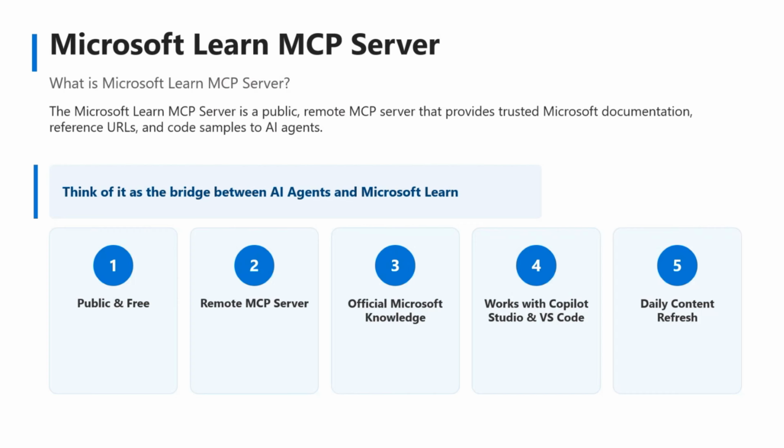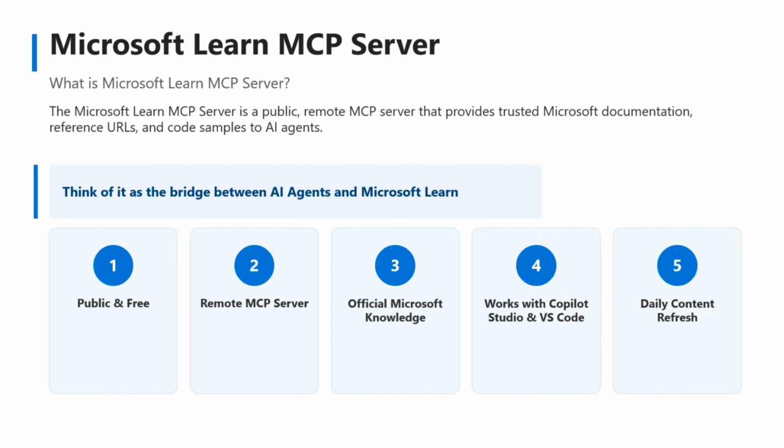So now let's look at some of the key features it provides. First, it's public and free. Second, it's a remote MCP server, which means Microsoft hosts and manages it. And third, it provides official Microsoft knowledge, ensuring that all the information comes directly from the trusted Microsoft source.